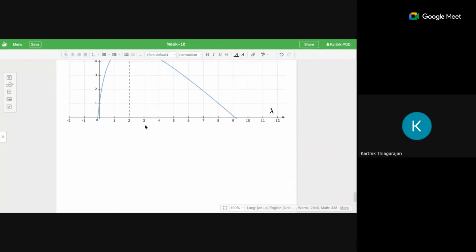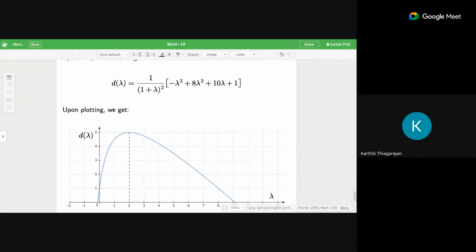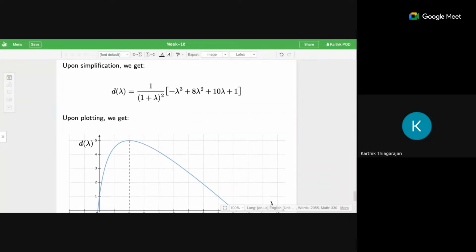Therefore, we conclude that lambda star equal to 2 is the dual optimum, and d of lambda star, right? So the value of the dual objective at the optimum is what? You have to plug in this lambda star.